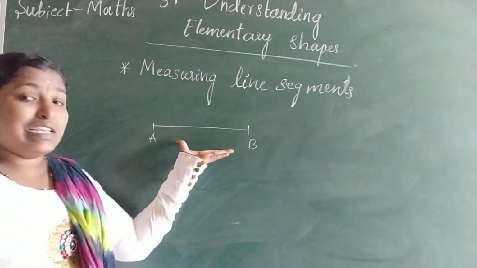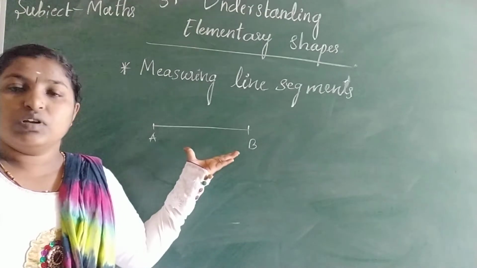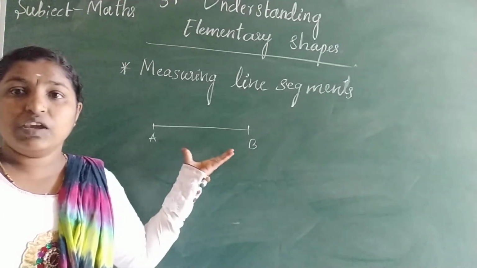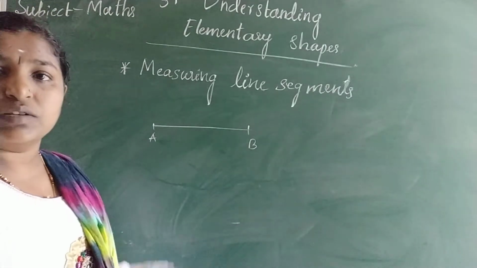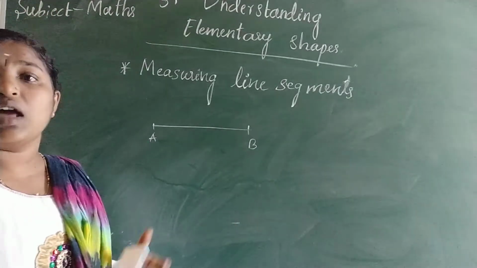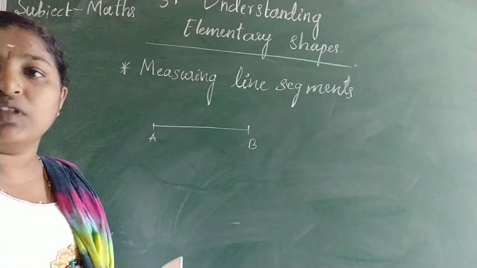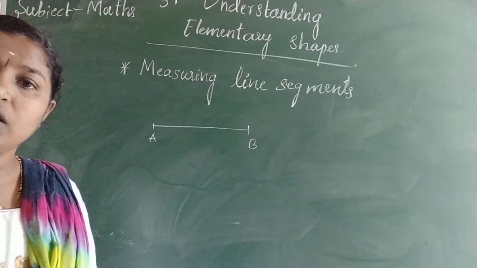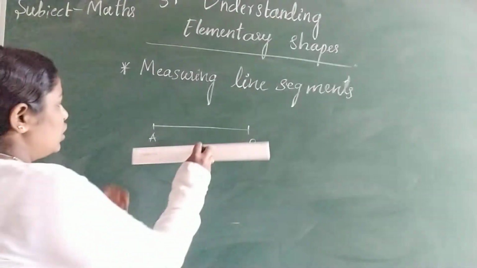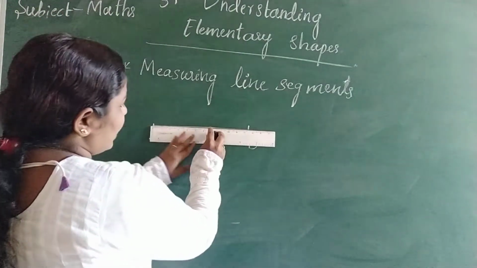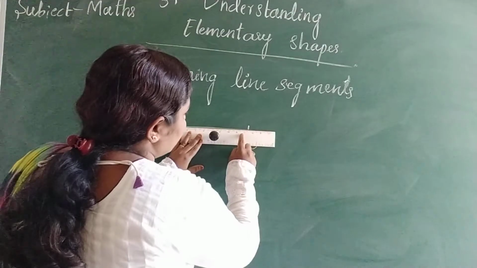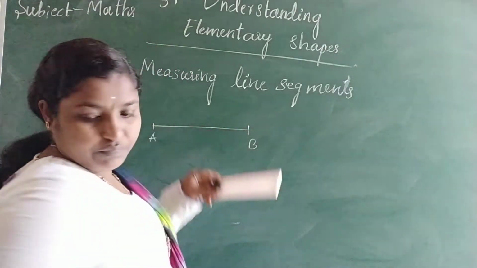This is a fixed portion of a line. We can measure this. How can we measure this? By a ruler or by the divider. How can we measure from the ruler? You keep the starting point in 0 and you can see the measurement. It is 11.5.